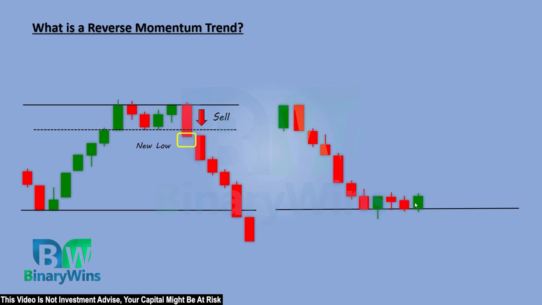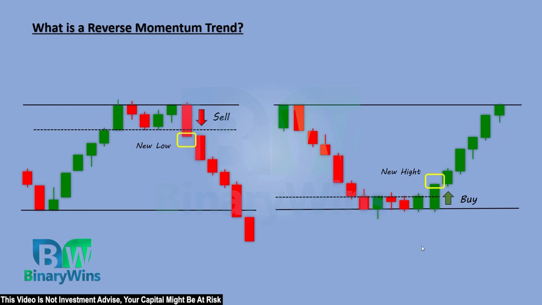It may create several candles for us in a side trend, and after crossing the created level and forming a new high, we can enter the higher trade and join the buyers until the next important level. Well, now let's go to the chart together so that I can show you examples of reverse momentum trends.